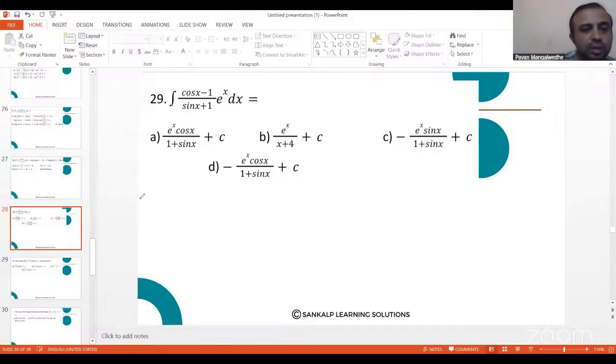Now it can be solved: I is equals to integration of e raised to x into cos x, split it, upon sin x plus 1 minus 1 upon 1 plus sin x, or sin x plus 1.